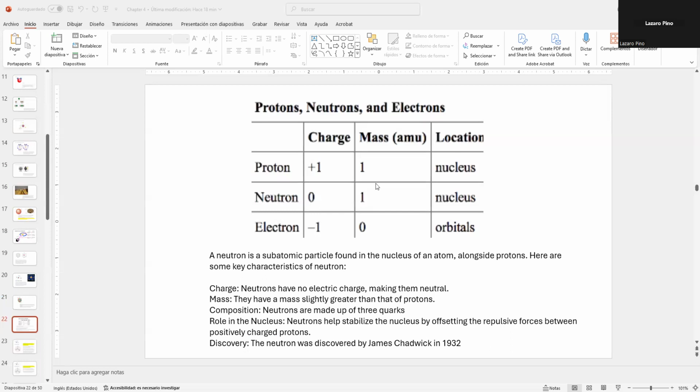The mass is similar to the proton, a little bigger than this, but they are very, very similar, and it is located in the nucleus. The electrons are surrounding the nucleus in orbitals, and the charge is -1. And the mass is almost zero if we compare it with the mass of the proton and the neutron.